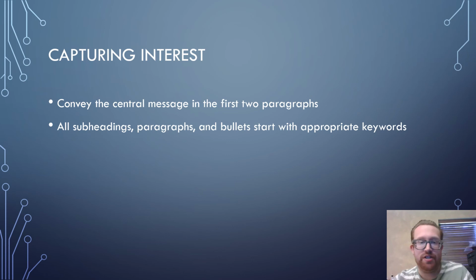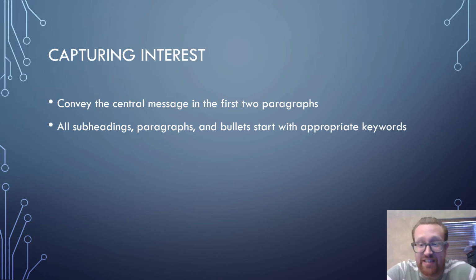To capture interest, you want to convey this central message in the first two paragraphs. Essentially, this is saying that when you are making a web page for a company, to get people's interest, you want to come right out and say what the whole purpose of the website is within the first two paragraphs. And even when we were talking earlier this year, I always say, don't use paragraphs.